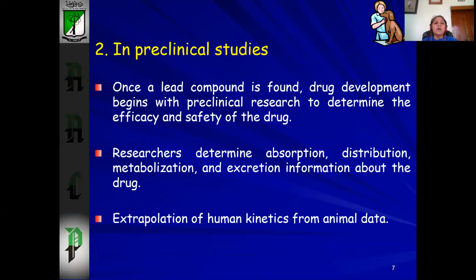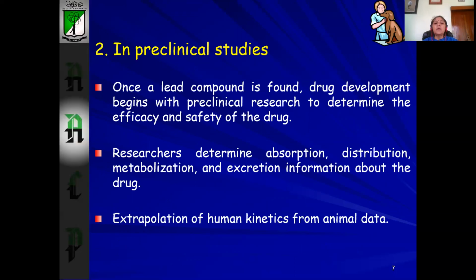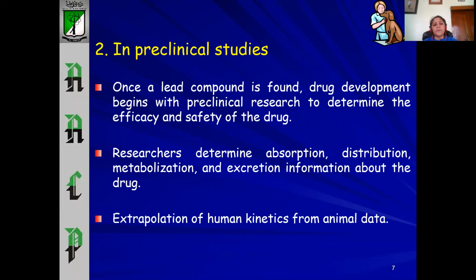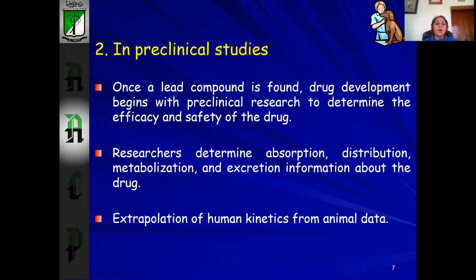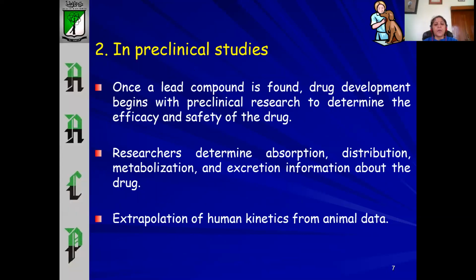Next, in preclinical studies, once a lead compound is found, drug development begins with preclinical research to determine the efficacy and safety of the drug. Now, researchers determine absorption, distribution, metabolism, and excretion information about the drug.